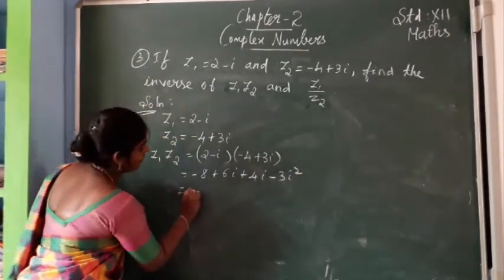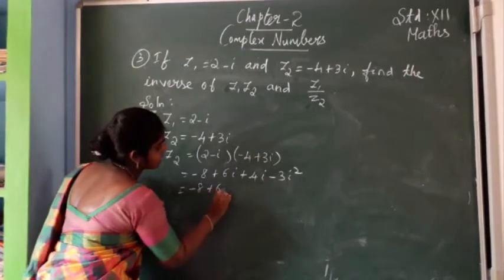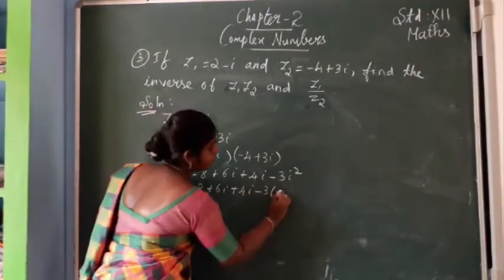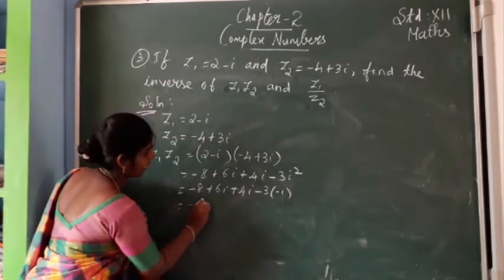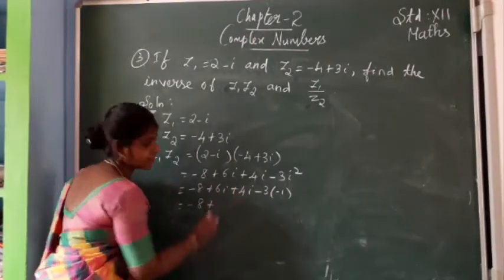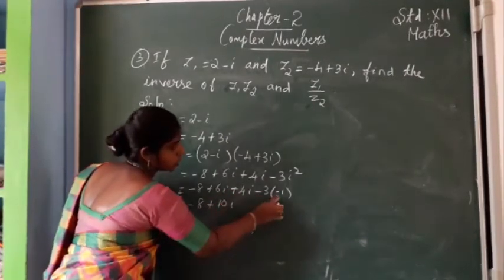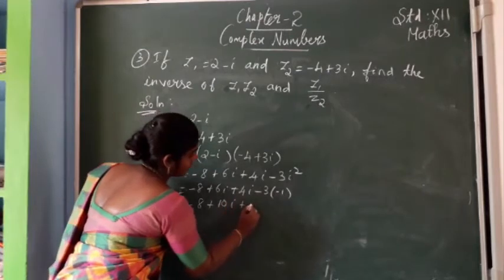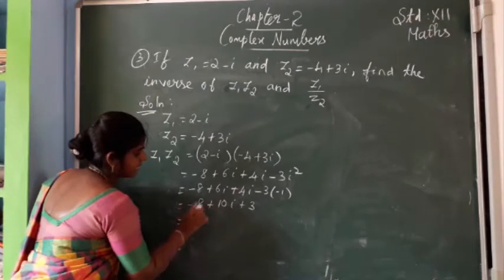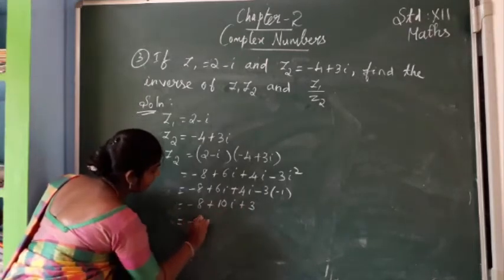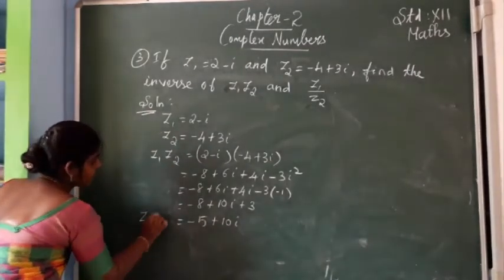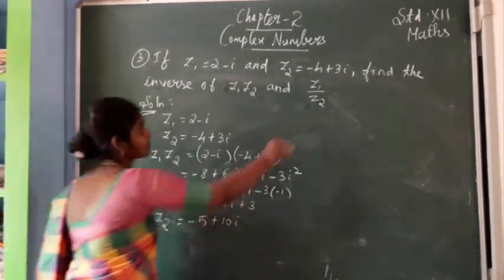That's equal to minus 8 plus 6i plus 4i minus 3 into i square, value is minus 1. That's equal to minus 8 plus 6i plus 4i, the value is 10i, minus the minus plus 3 into 1, 3. That's equal to minus 8 plus 3, the value is minus 5 plus 10i. This is z1 into z2.